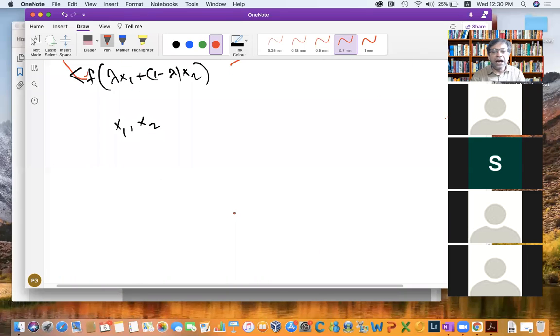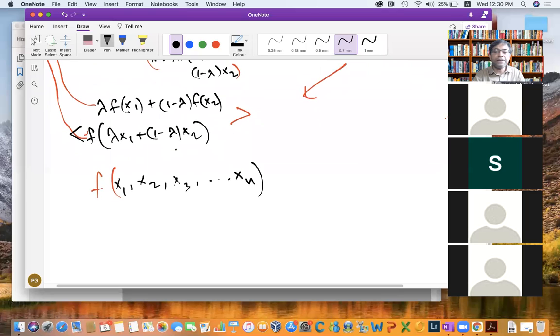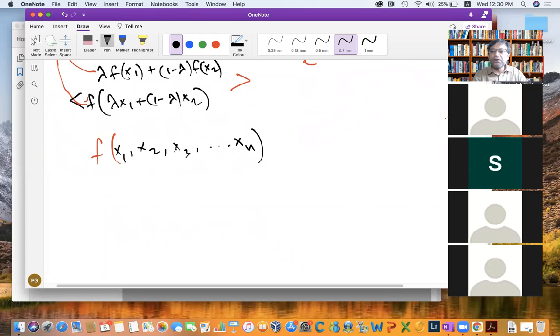Now, you might ask, well, I like doing calculus. So if we have a function f of x1, x2, x3, up to xn, and suppose it is indeed concave, that is, it satisfies this inequality definition of concavity, is there a calculus way in which I can describe it in terms of derivatives?